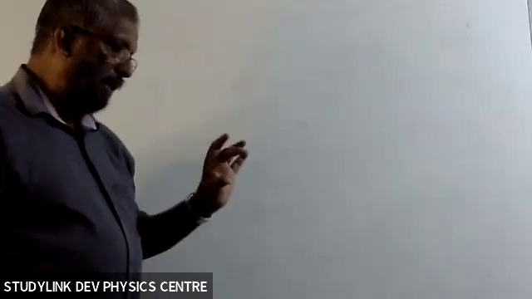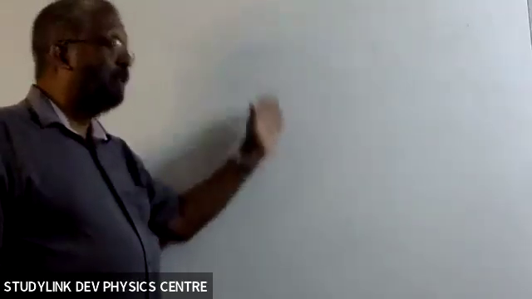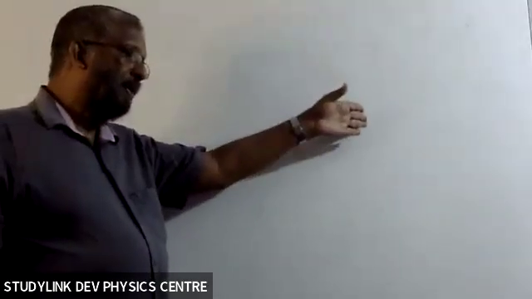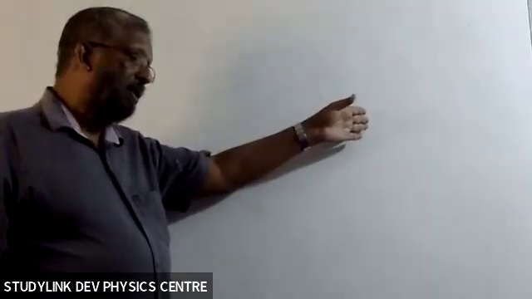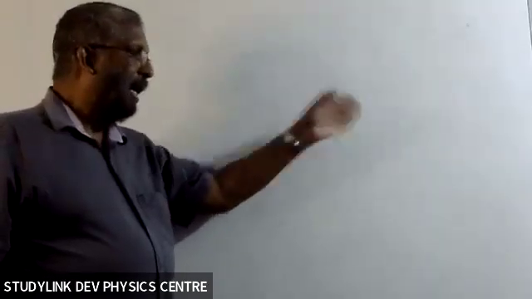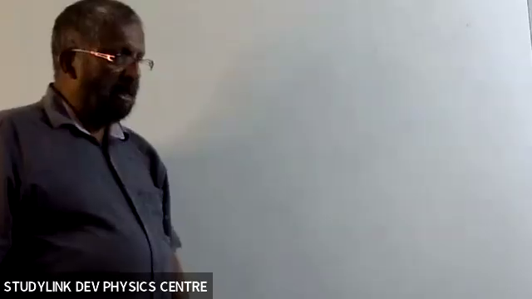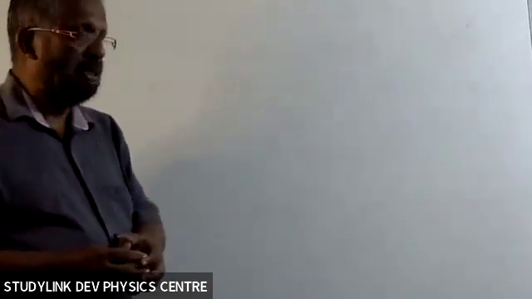Resultant means the single one equivalent to certain vectors. As far as vectors are concerned, we'll say force. Force has a direction and a magnitude. So you can add them, and the final answer is called resultant.